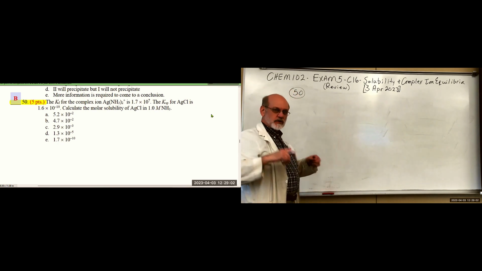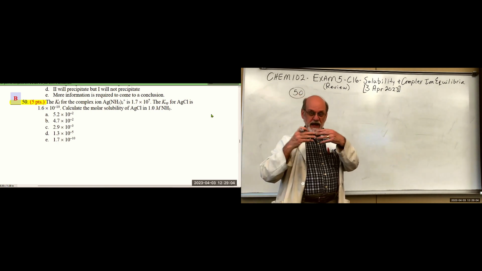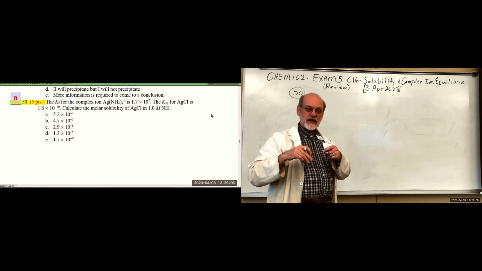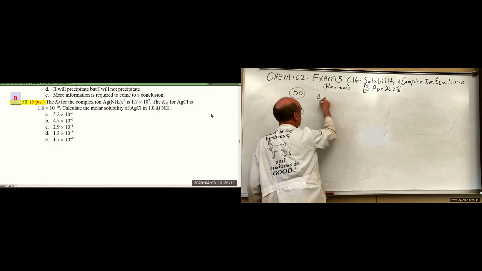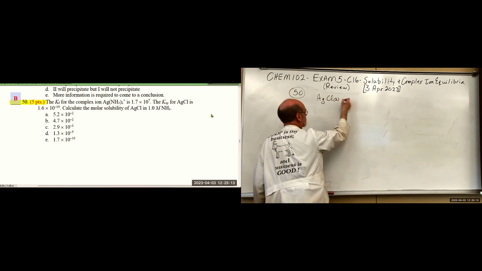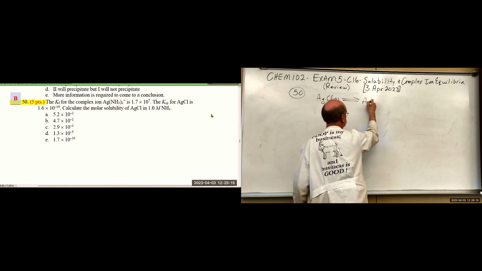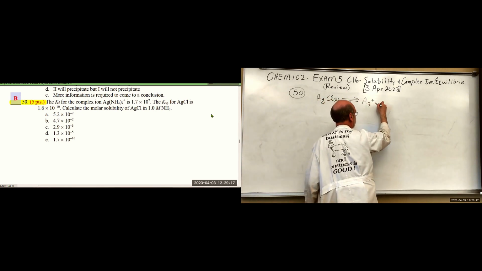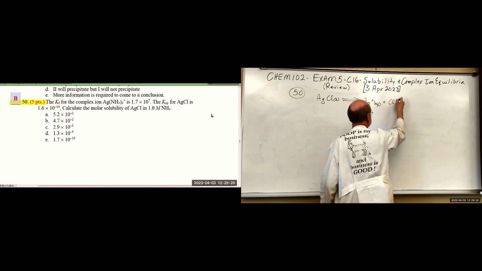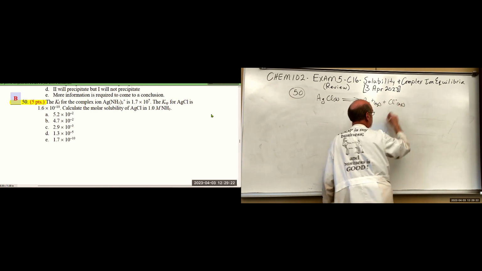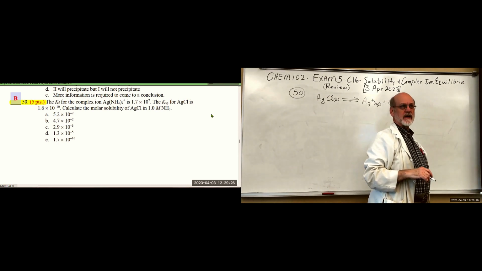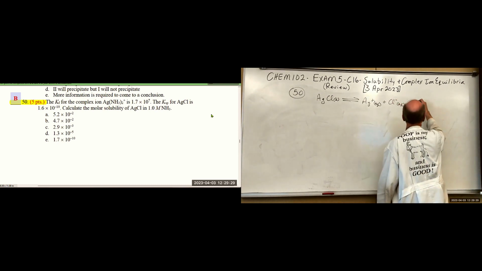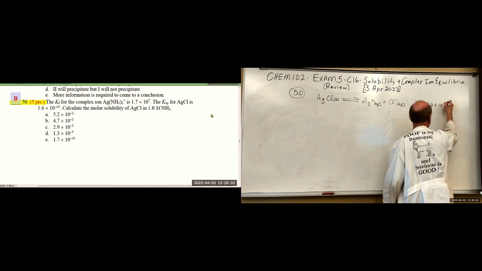Okay, we've got two things going on here in the same reaction mixture. We're trying to solubilize silver chloride like this. And that. Let's go ahead and put the K up here. The KSP for silver chloride is 1.6 times 10 to the minus 10.